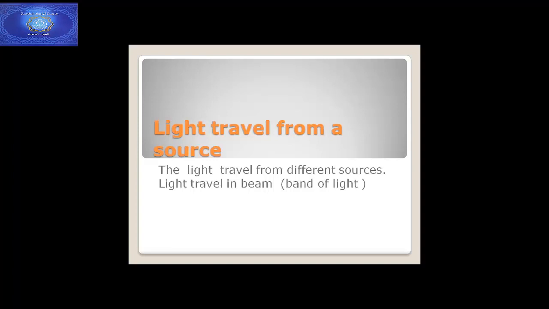Light travels from its source in bands. What's the meaning of band? Band means a beam of light. Band, beam of light, or beam is a band of light, same meaning.